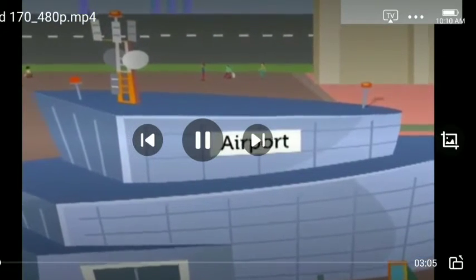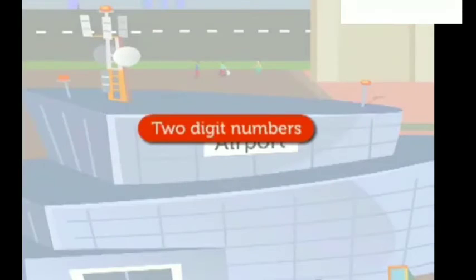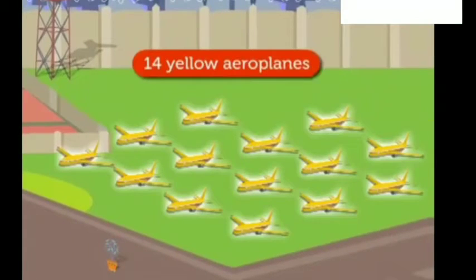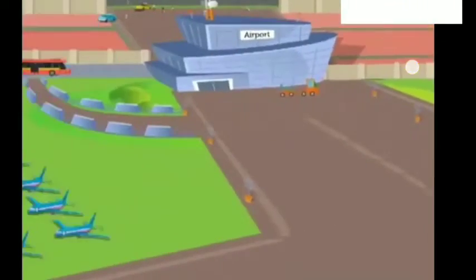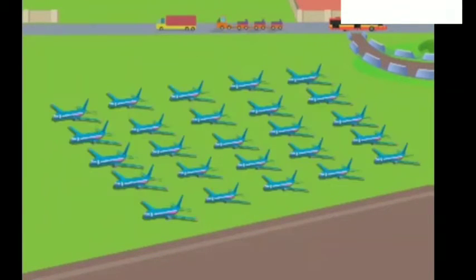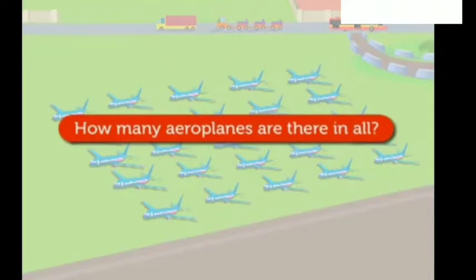Okay, children, this is the airport. 14 yellow aeroplanes and 25 blue aeroplanes are there in the airport. How many aeroplanes are there in all?